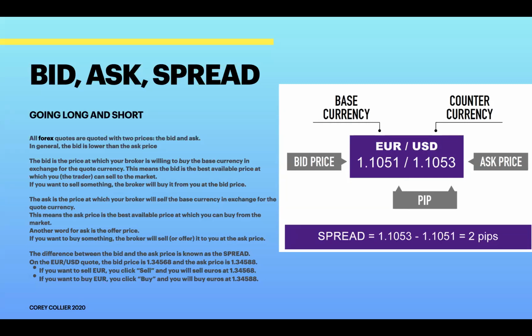If you want to sell euro, you click sell and you will sell euros at $1.34, some odd pips. If you wanted to buy the euro, you click buy and then you're going to buy the euro at $1.34 and some odd pips. But notice the difference between the 2 numbers. The sell has a 0.34568. The buy has 0.34588. That is a 2 pip difference. And we'll get into counting pips later.